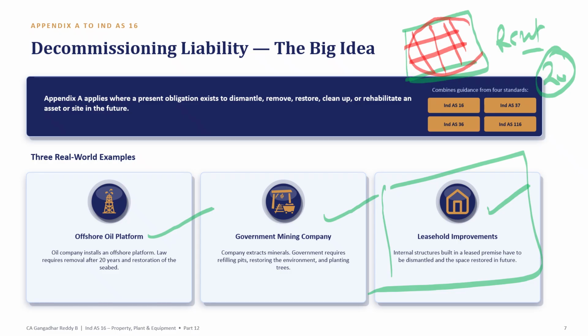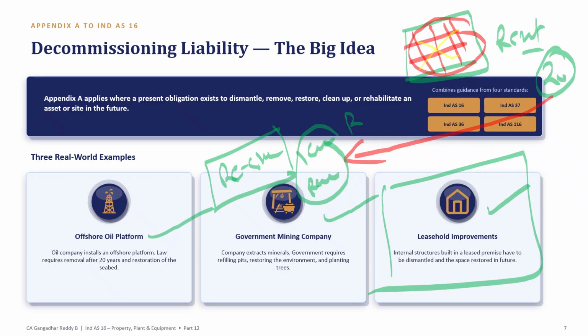While vacating after 20 years, the lessor will ask you to remove all your internal construction and give the building back as it is. So you have to restore it, or else remove all your lease improvements.